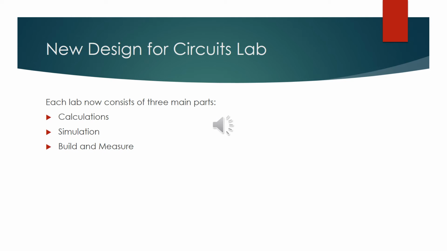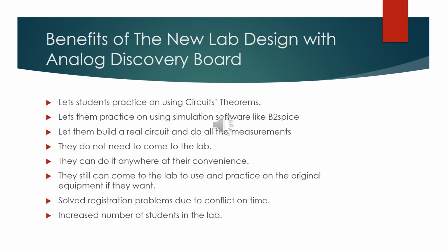Then number two, the student verifies the calculation results using PSpice. Then number three, the student builds the circuit and does all measurements using the Analog Discovery Board and Analog Parts Kit, in addition to a portable digital multimeter.